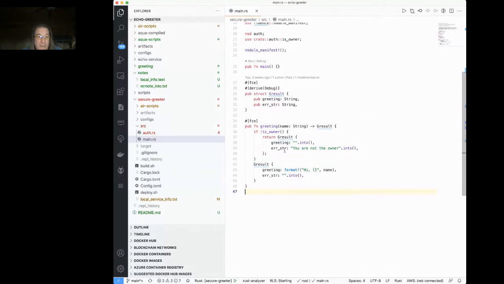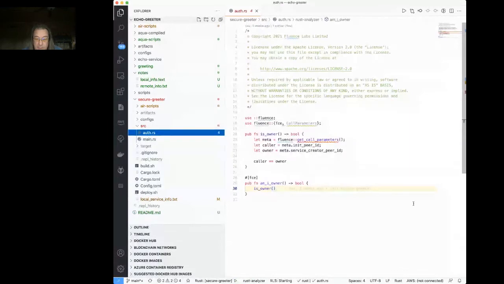And the way this is done, and this is where the tetraplet part comes in, is basically here. Let me make this really big. So we added a function here, basically is owner. And from the Fluence SDK, we can get our call parameters, which includes all the peer ID, the public key, all the signatures, all that good stuff.